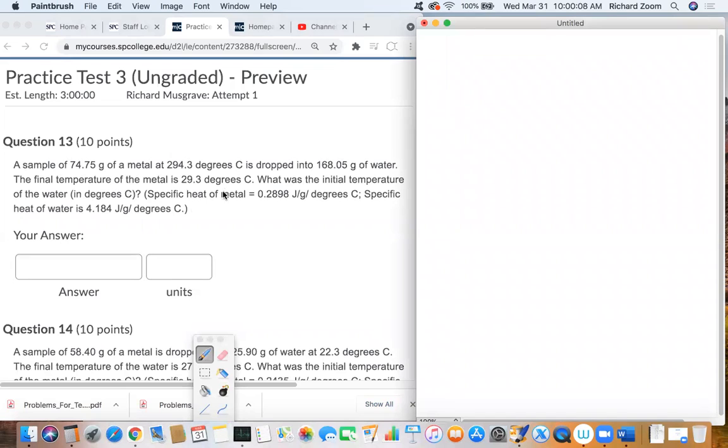So what are we looking for? We're looking for the initial temperature of water. A sample of metal is dropped into 168. I like to draw a picture here just to make it a bit bigger. So we've got a metal, which gives us our information, and it's going to go into the water. The metal has a certain temperature. It's 74.75 grams and it's 294.3 degrees Celsius.